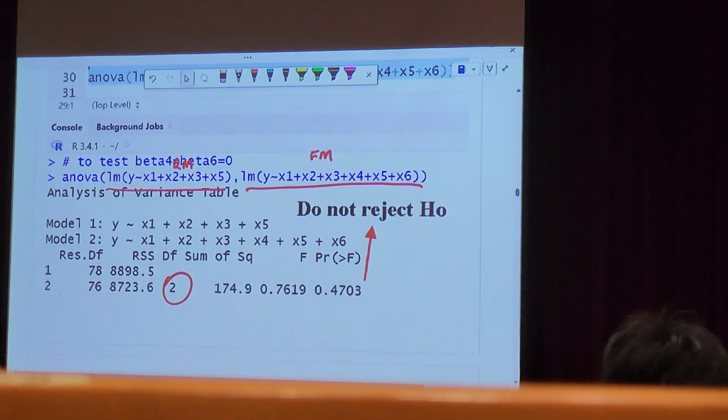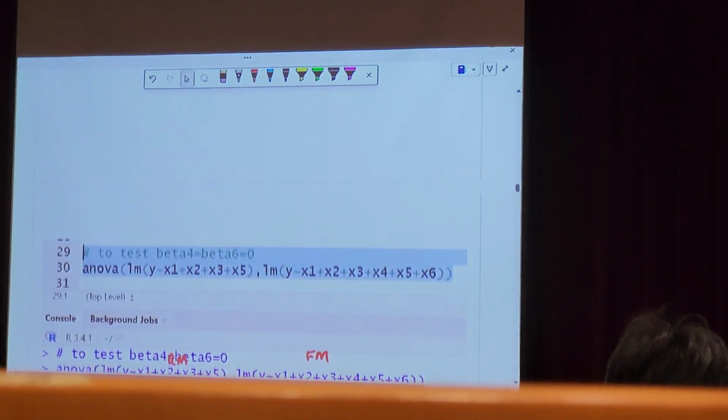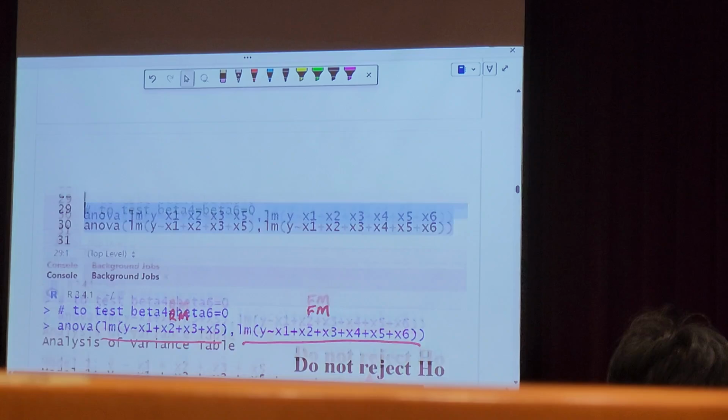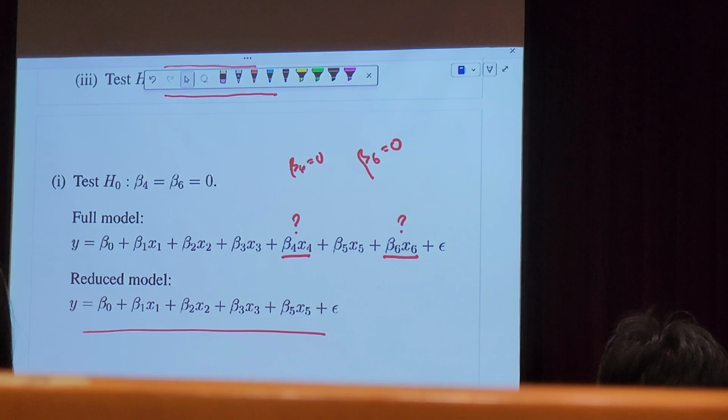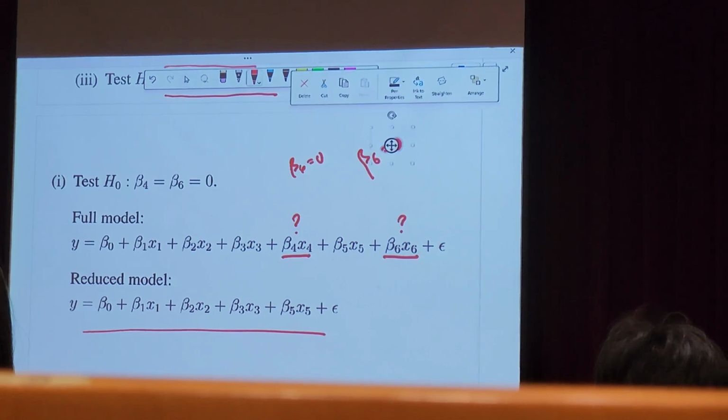So R is 2. And the p-value is very large. 0.4 is very large. So we do not reject H0. So we don't want to reject this. Let me see. Why is that so?